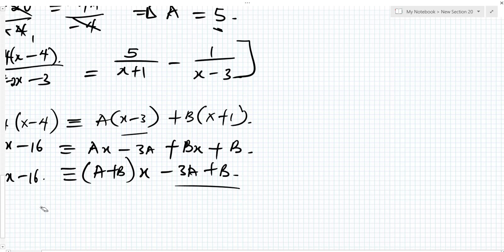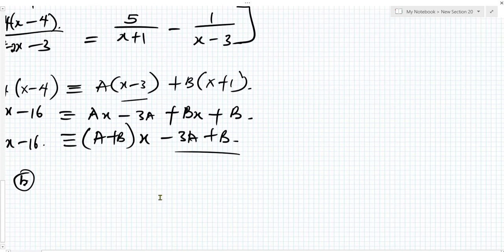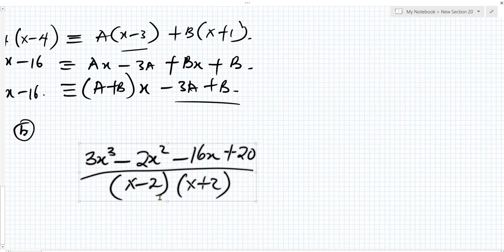So for b, let me just paste. So we have this.